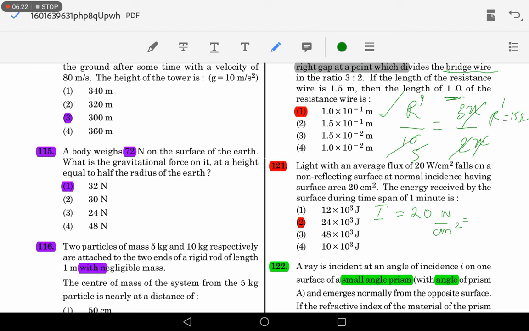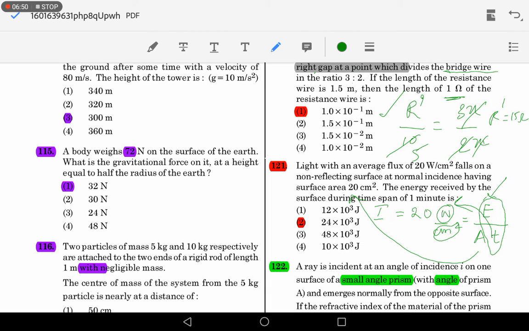Intensity is equal to energy per unit area per unit time. Energy per unit time is what we call power. Power will have a unit watt and area may be meter square or centimeter square. So energy is the question, time is given to be 1 minute, area is given to be 20 centimeter square, and the flux is given to be 20 watt.